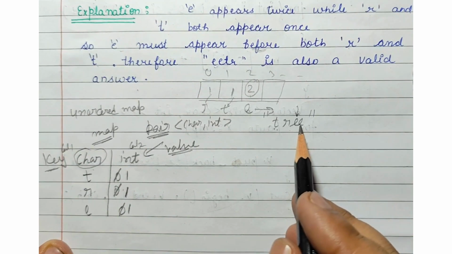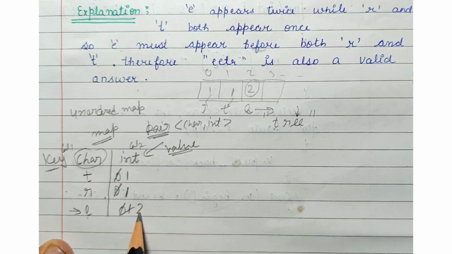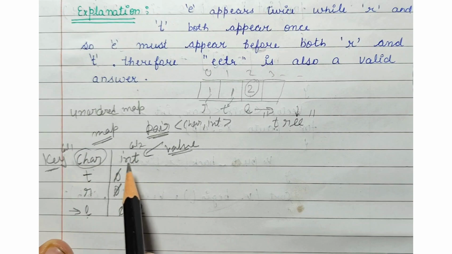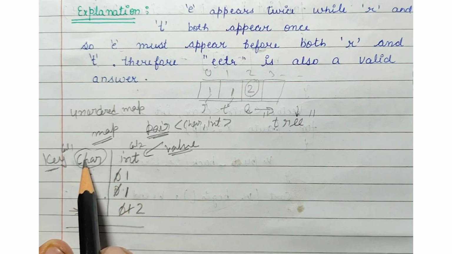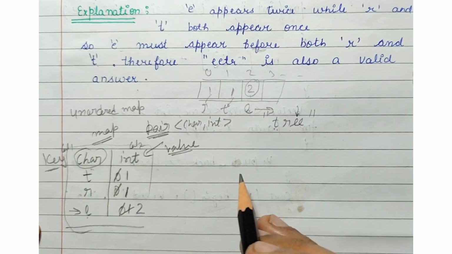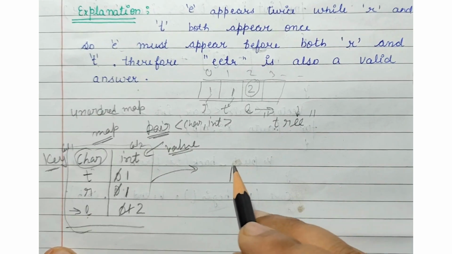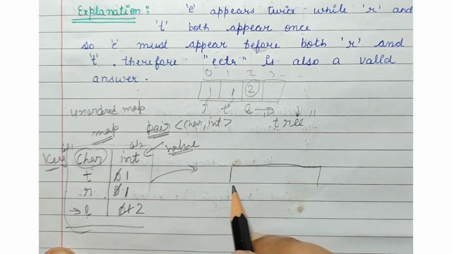Now again E will come, so at this key E, the frequency is updated to 2. In this way we store the frequency of every character in the map, because here we require both character and int. That's why I am using unordered map. Now from this unordered map I transfer these values into a vector.